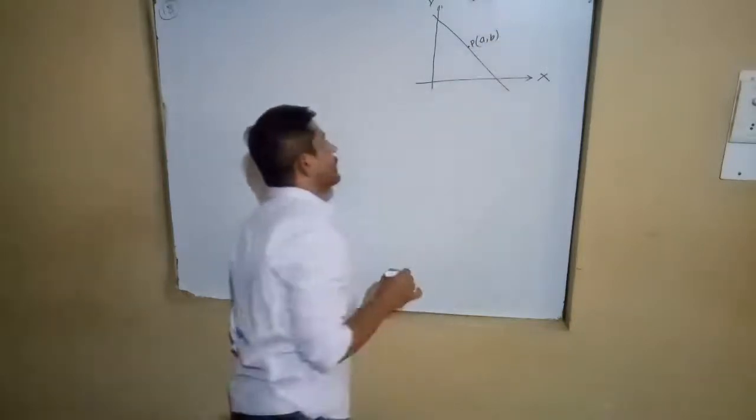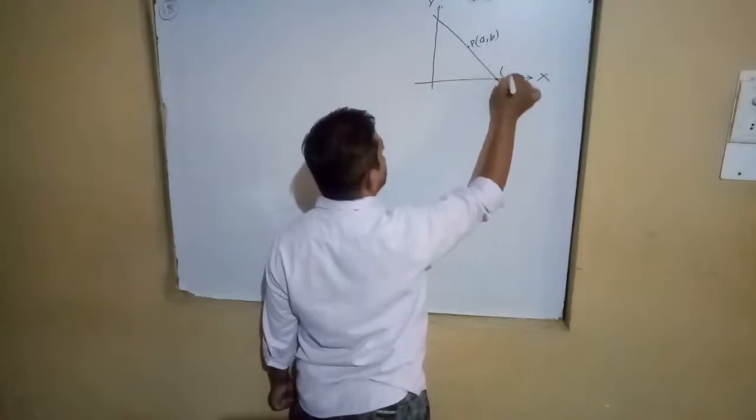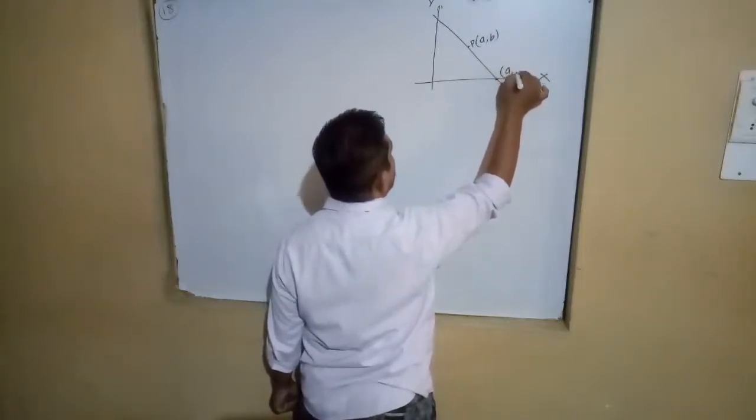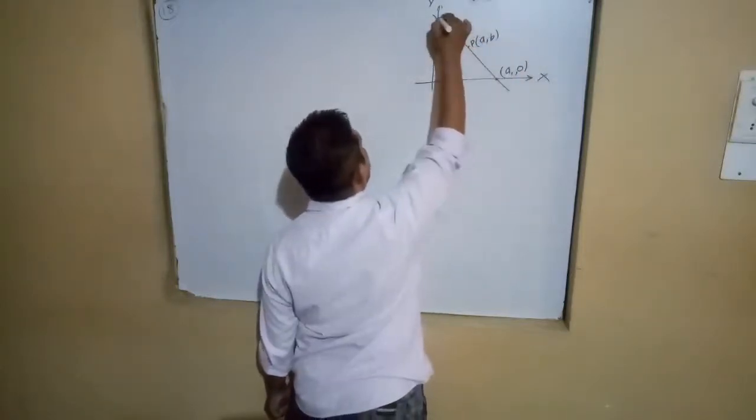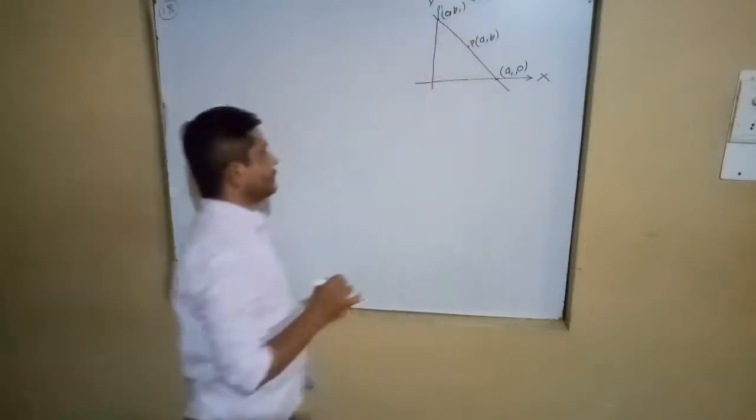their coordinates are a, b. We can let here A1, 0, and here we can assume 0, B1.